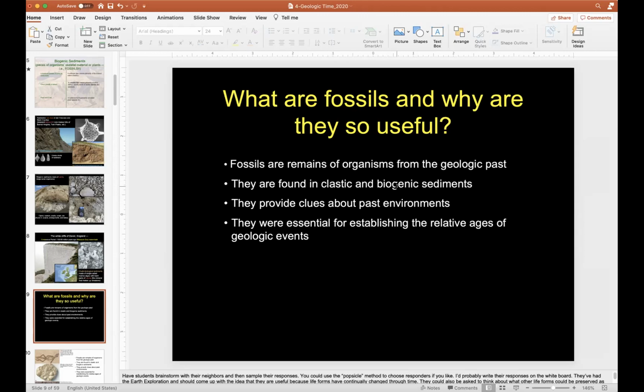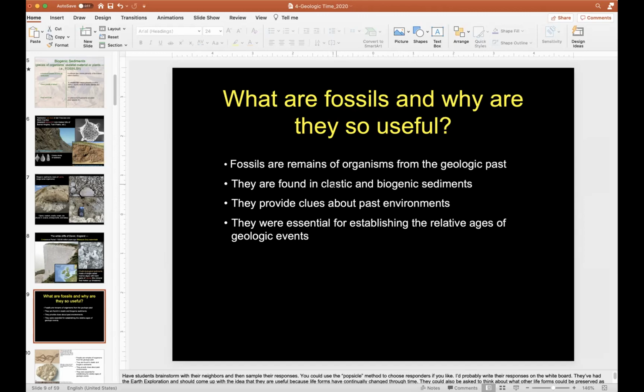So biogenic sediments are like the chert, the chalk, and what else did I say? Some of those limestones, the biogenic limestone. Those are the ones that are primarily made up of organic material, usually animals, or I guess the peat was another one, or coal.